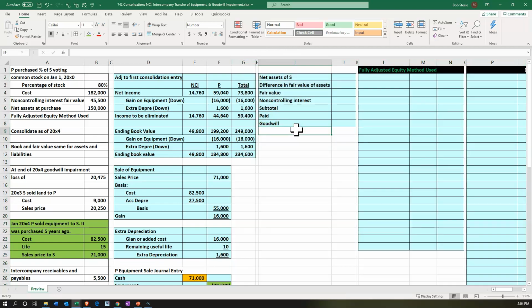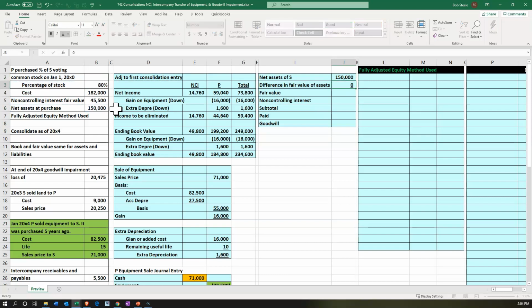So then we want to think about this first entry, this calculation of goodwill. So we're going back to, okay, what's the calculation of goodwill? We would probably do this at the first time of consolidation, and then we would have it in our worksheets later. 5 years later, we'd still have the calculation of goodwill. We purchased this thing, and the net assets at the point in time of the purchase were 150, meaning assets minus liabilities or book value at the point in time of purchase.